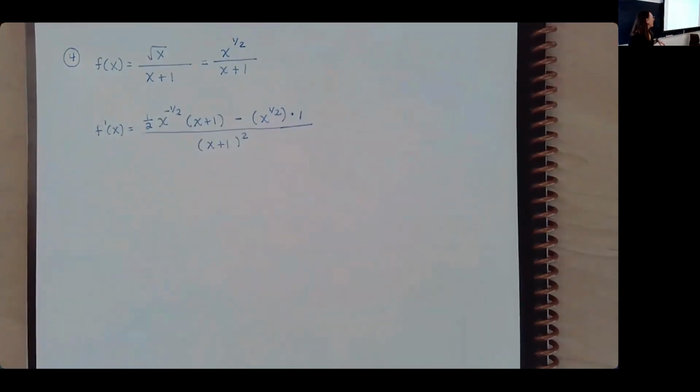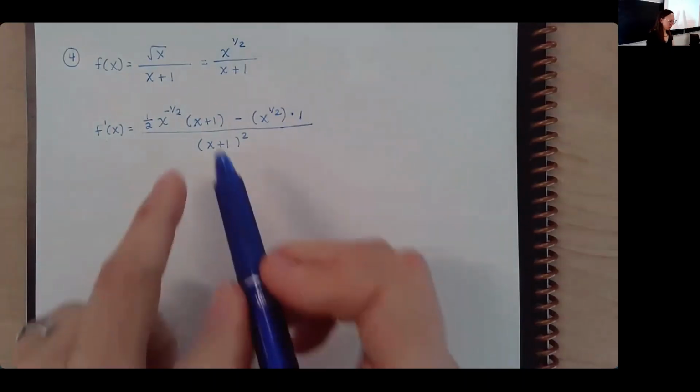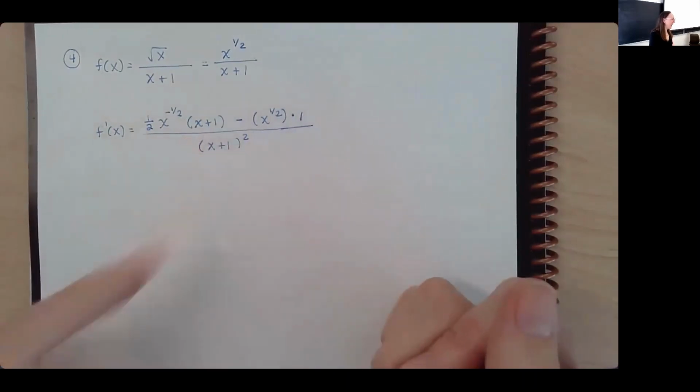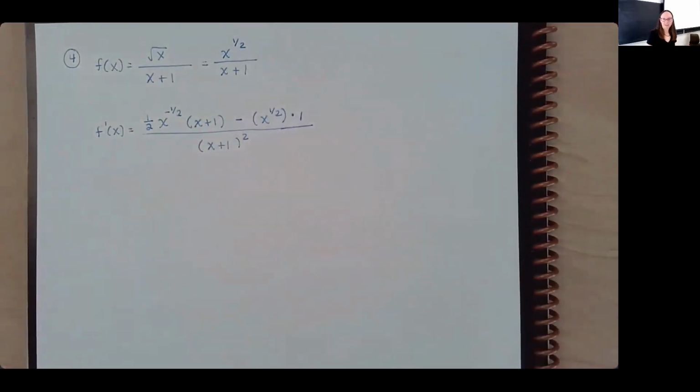Now, if the only thing I had to do was take the derivative, I would absolutely stop there. There isn't anything super straightforward jumping out at us that we can simplify. I don't have an x plus 1 in both pieces, so I can't cancel out an x plus 1 right now. This is kind of all we got.